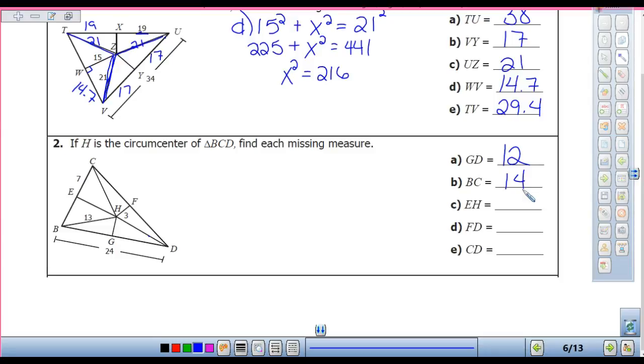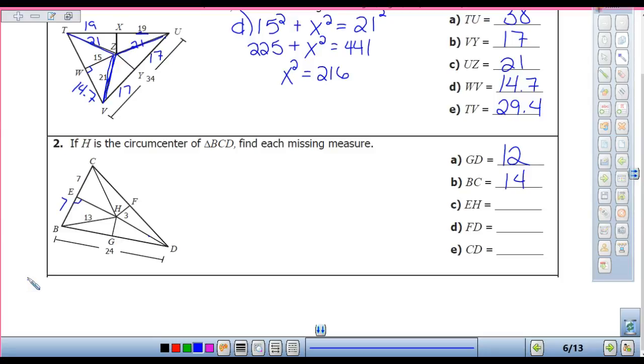EH, we could figure it out, because we know this is 7, and we know it's a right triangle. So now let's set it up.